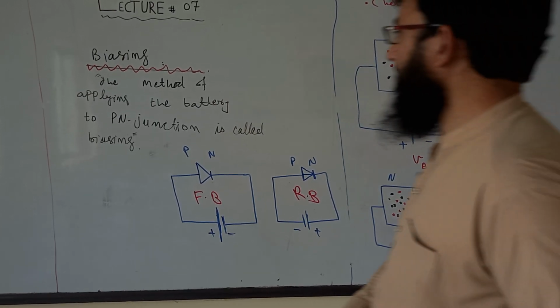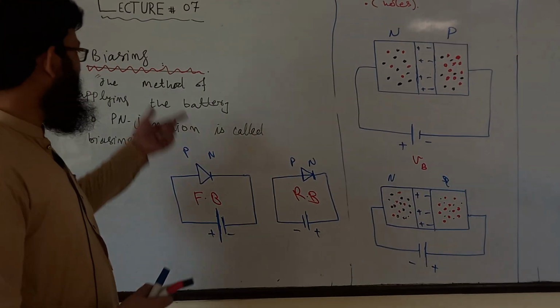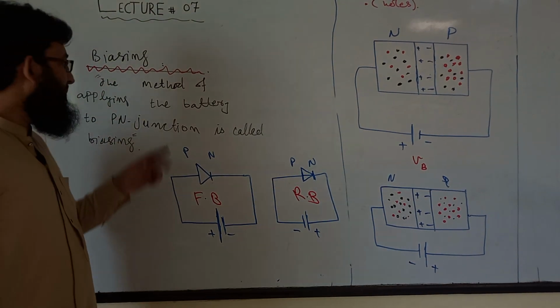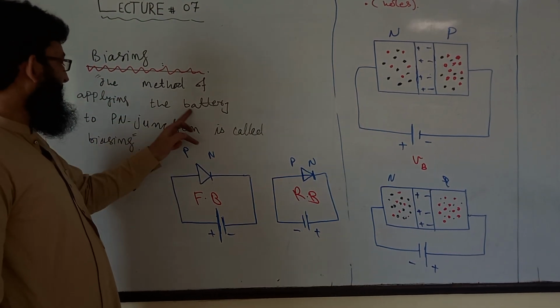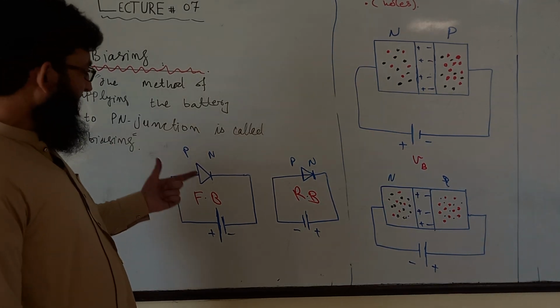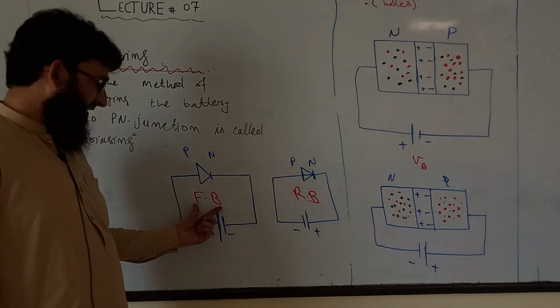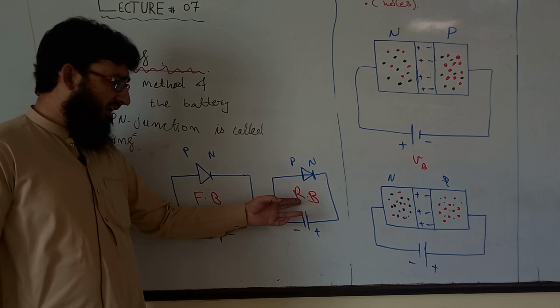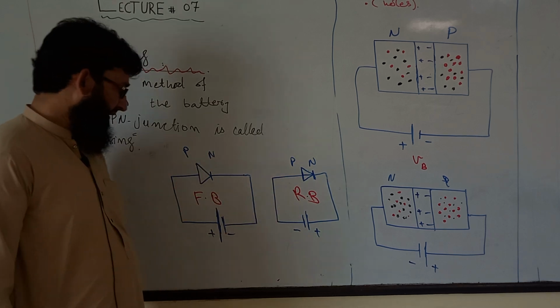Okay, dear students, now the next topic is biasing. What is biasing? Biasing is the method of applying a battery to a p-n junction. There are two types of biasing: one is called forward biasing and the other is called reverse biasing.